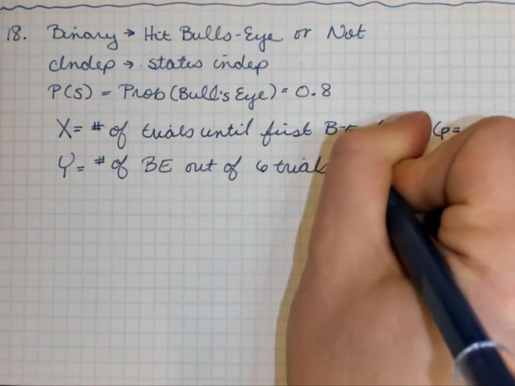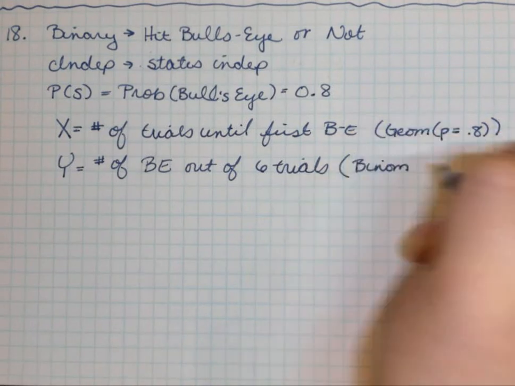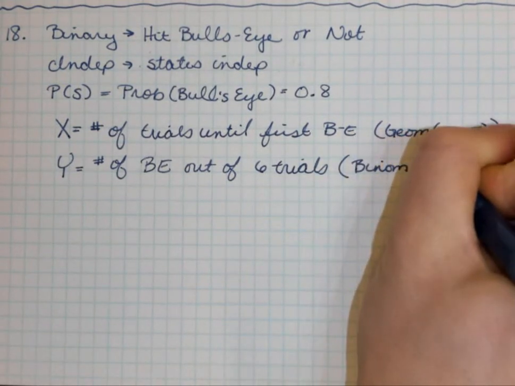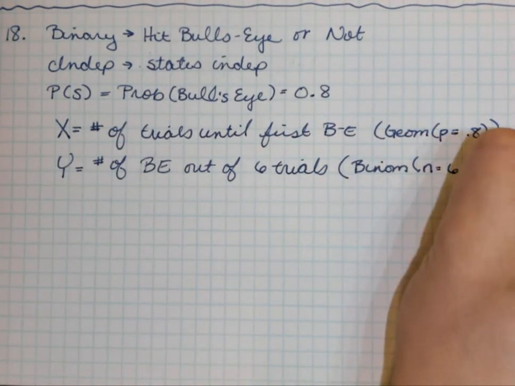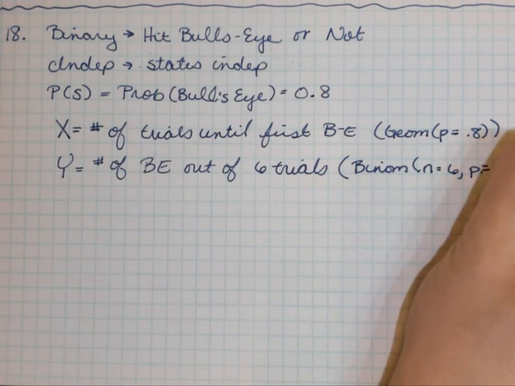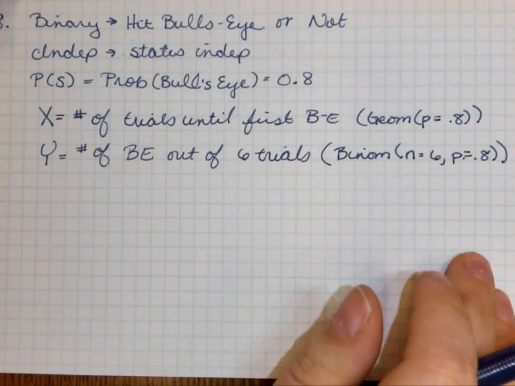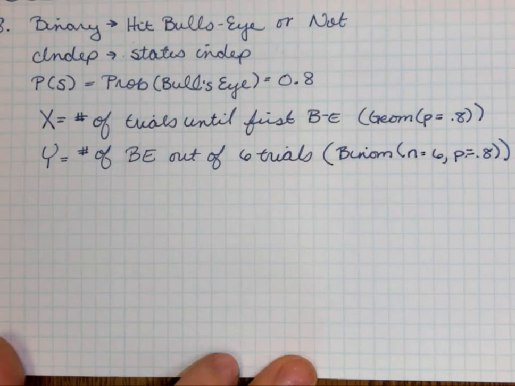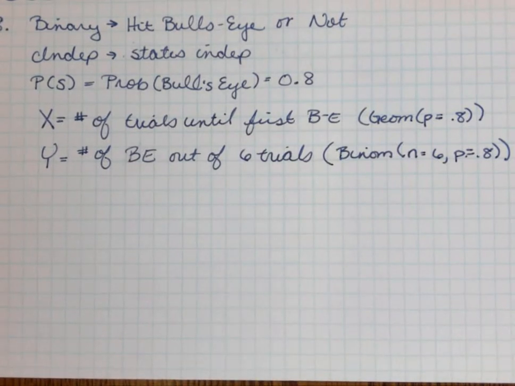So that guy is going to be your binomial. And that one, n is 6, and p is still 0.8. That's why I like to define the variables right up at front, because these problems do bounce back and forth.